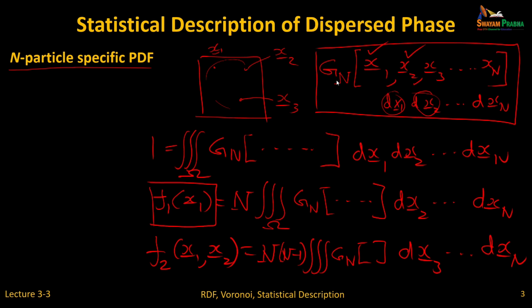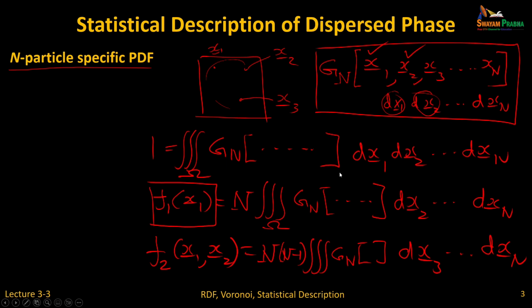What it says is, what's the probability of the first particle being at x1, the second particle being at x2, and the nth particle being at xn? It's one heck of a statistical quantity. You will never be able to compute it, but that's the starting point. We say there exists a mathematical entity, a probability, that gives you where all the n particles are located.